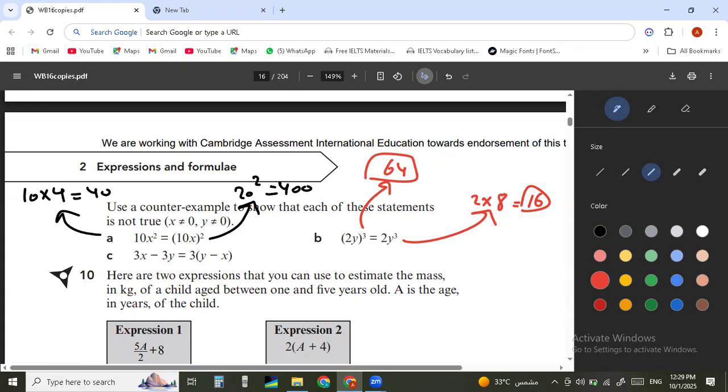The last one, if I replace X with 2 and Y with 2, or whatever you want, you can choose any other numbers. It's up to you. They just told you that X is not 0, Y is not 0. Good. So here, 3 multiplied by 2 is 6. Minus 3 times 2 is negative 6. So this is 0.